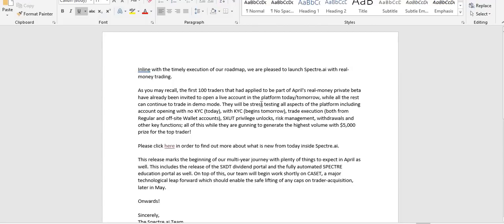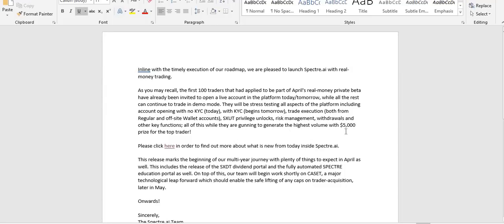They will be stress testing all aspects of the platform, including account opening with no KYC today, with KYC beginning tomorrow, trade execution from regular and off-site wallet accounts, and SXUT privilege unlocks. The SXUT are the utility tokens, and that unlocks risk management, withdrawals, and other key functions.